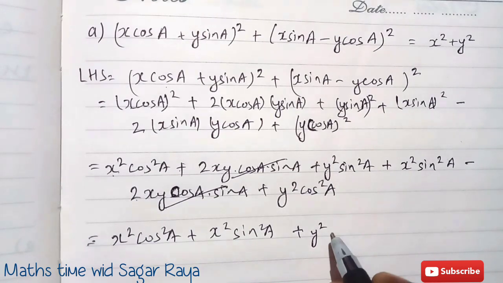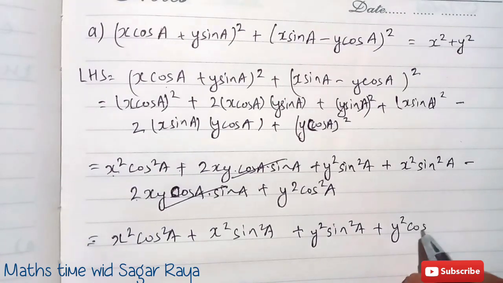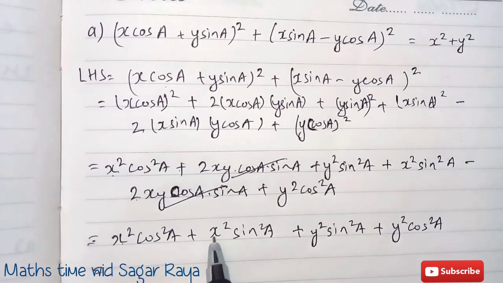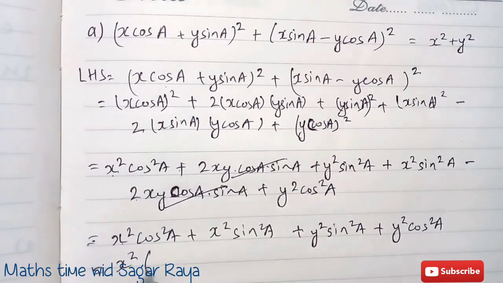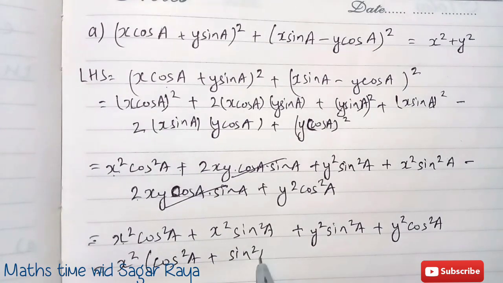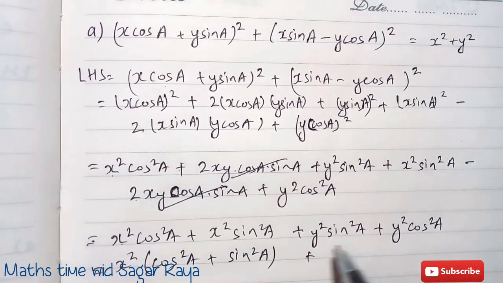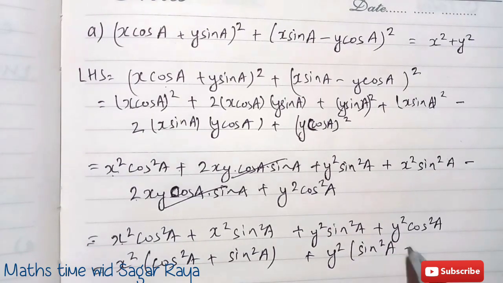Now you can say x square, here also x square, so in both cases you can take x square common. So if you take x square common, here will be cos square A plus sin square A. Similarly in these two terms, y square sin square A and y square cos square A, you can take y square common. Now here remains sin square A plus cos square A.